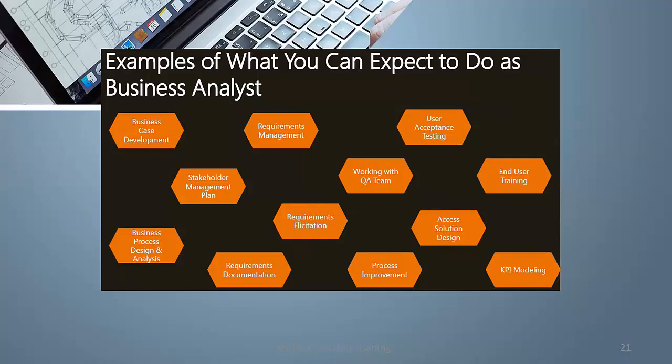Step number four is to measure that the problem which was there earlier is no longer there after implementation of the solution. So how do you know that the problem is no longer there? You identify a few metrics while you are doing the problem analysis, the describe state.